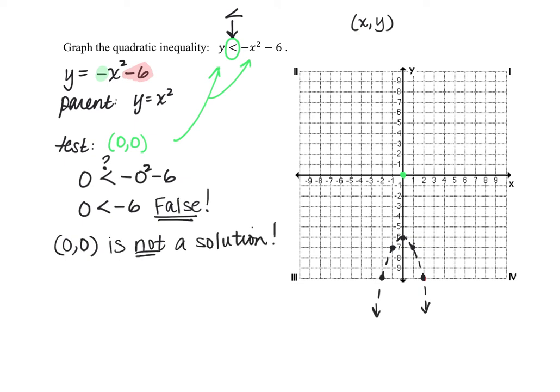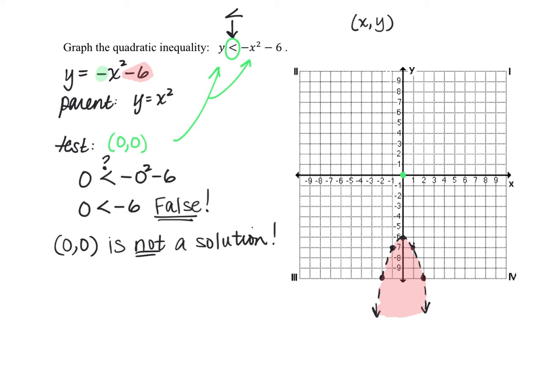So if 0, 0 is not a solution, then that means I do not want to include it in my shaded region. So because 0, 0 lies outside of this parabola, and it is not a solution, that means that the solutions must lie inside my parabola. So that's why I'm going to shade all of the coordinates that are inside the parabola, because that's where the solutions must lie.